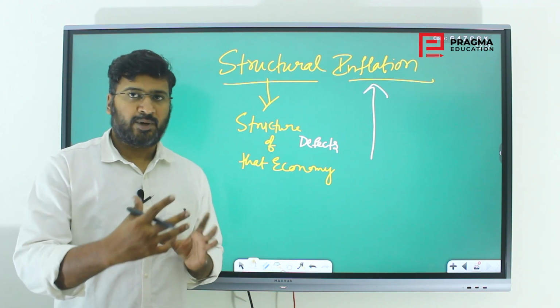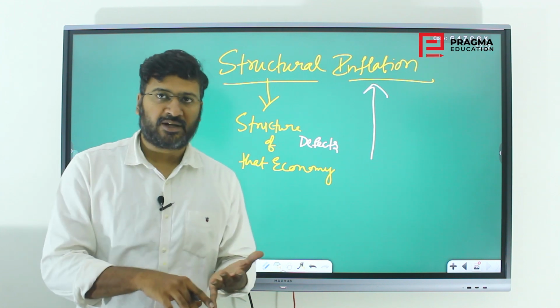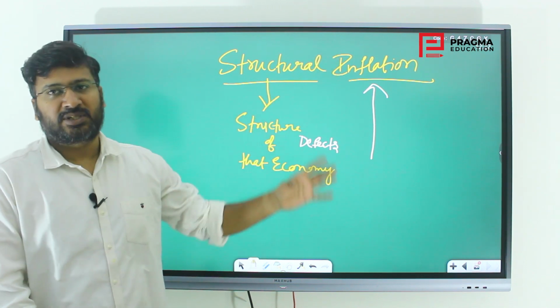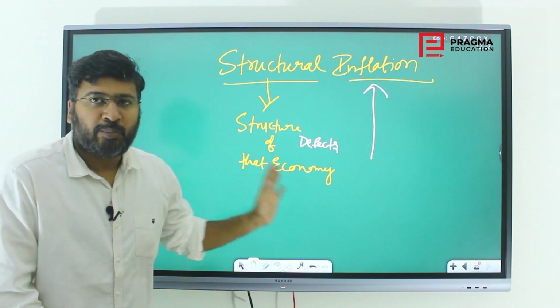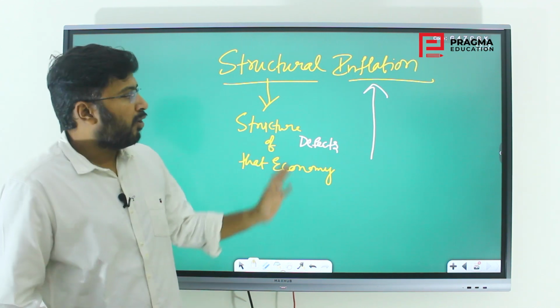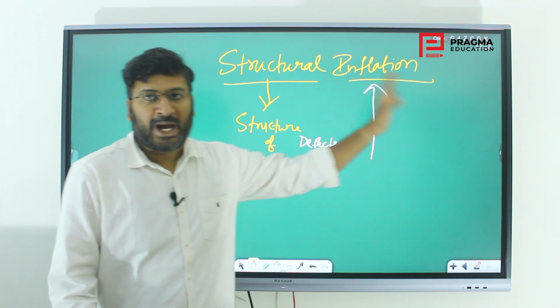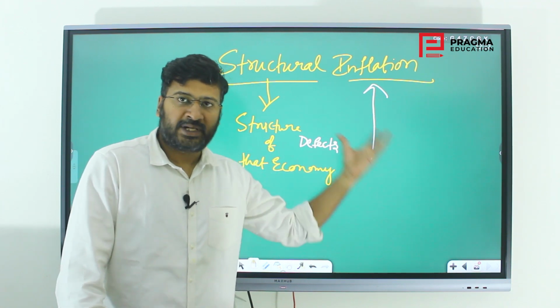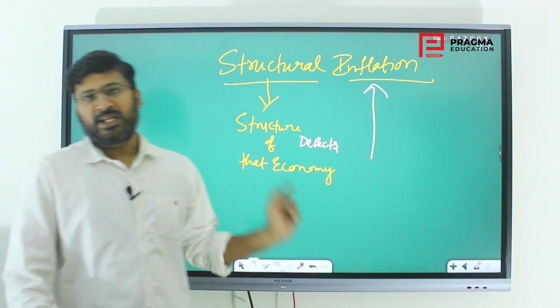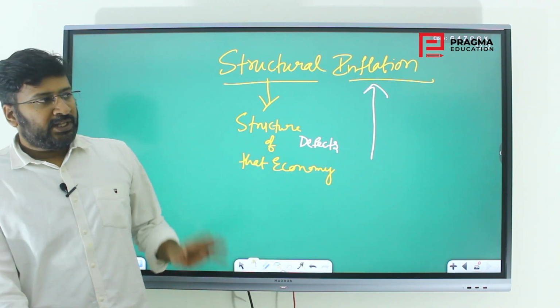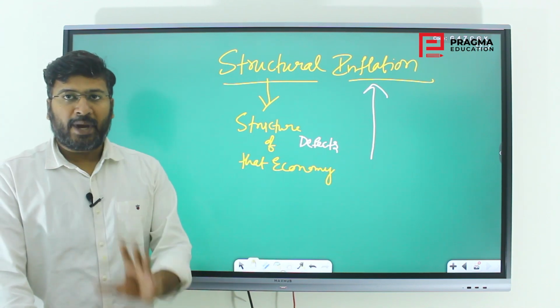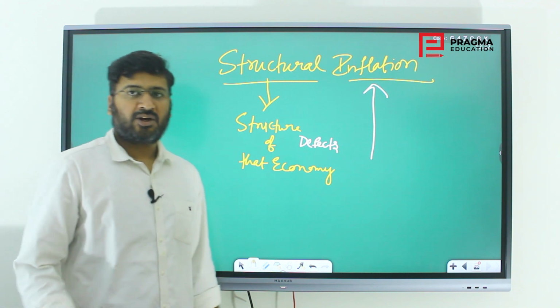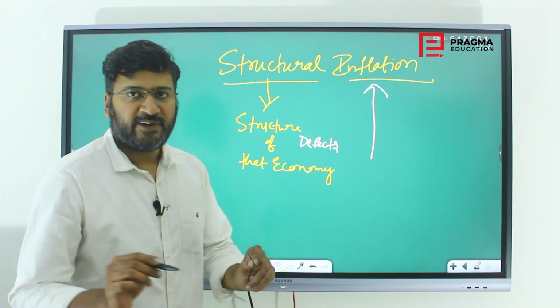Exploitation of resources may not be efficient. There will be increased costs because of lack of proper infrastructure. Then there is how the economy manages its finances, how it gets its revenues, how it spends its money. So it depends on various such factors. When there are such drawbacks in the structure of the economy, they are called structural defects.